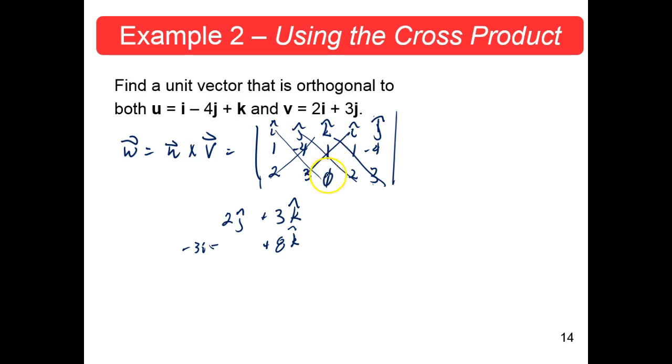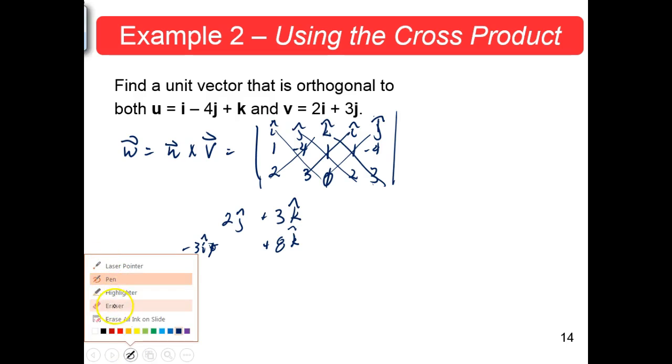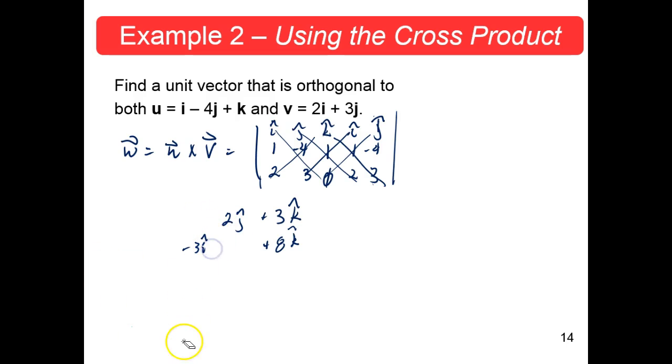And then finally the last one is a 0 again. Now what do we have? The vector that's perpendicular to both of those is minus 3I plus 2J plus 11K.